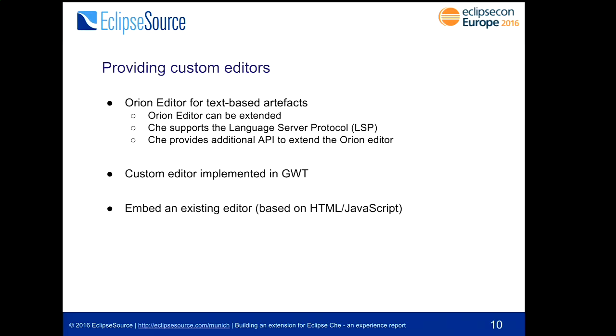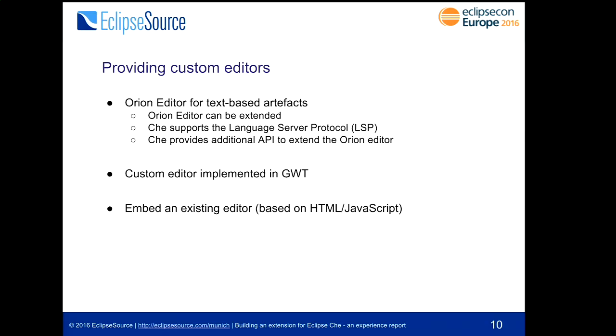There is a third possibility, and that's a very interesting one. At the end of the day, GWT compiles to JavaScript. So what's running in the browser is a native JavaScript and HTML application, and it's possible to embed your own HTML and JavaScript component into that application. And there's actually a pretty easy way to do that.